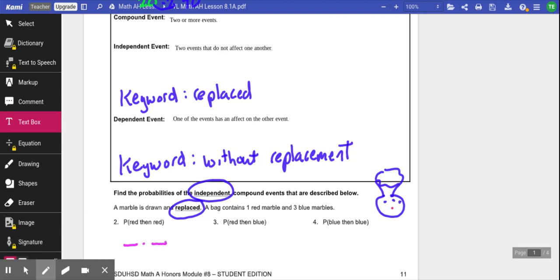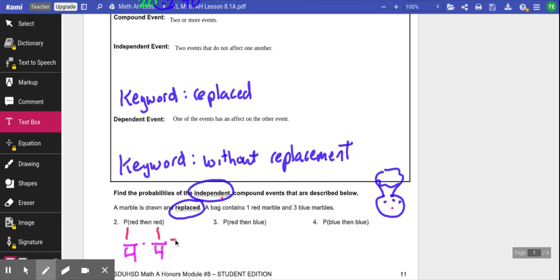So from the fundamental counting principle that we did in module 1, I know that I have 2 different things I'm going to have to multiply. Each time there are 4 marbles in the bag because I'm putting back what I took out. The first time I go to draw in the bag, I have a 1 out of 4 chance of pulling a red. The second time I go to draw in the bag, I still have a 1 out of 4 chance of getting a red.